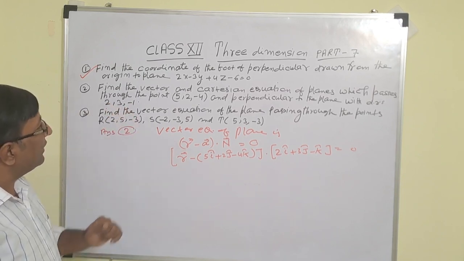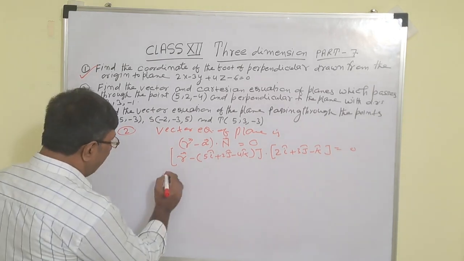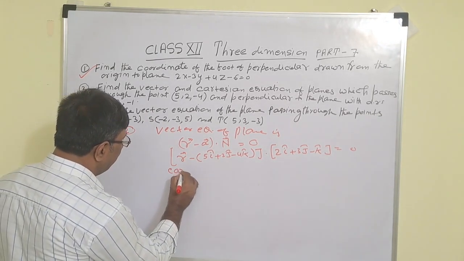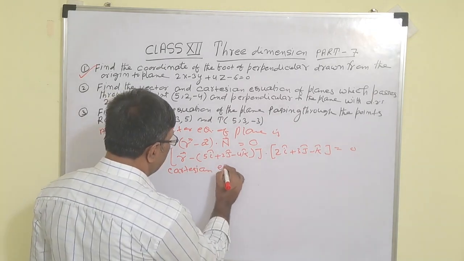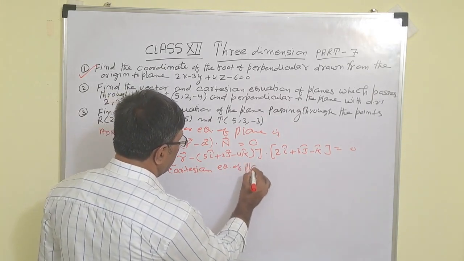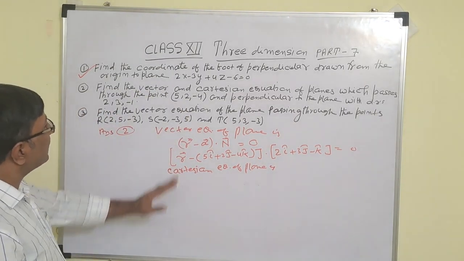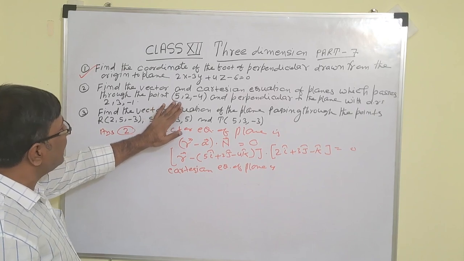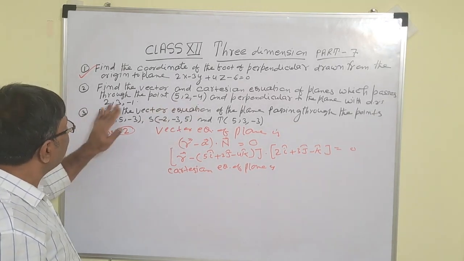Now we have to find the Cartesian equation of the plane. So what is the Cartesian equation of the plane? The point x1, y1, z1 is given, and here the direction ratios are given.